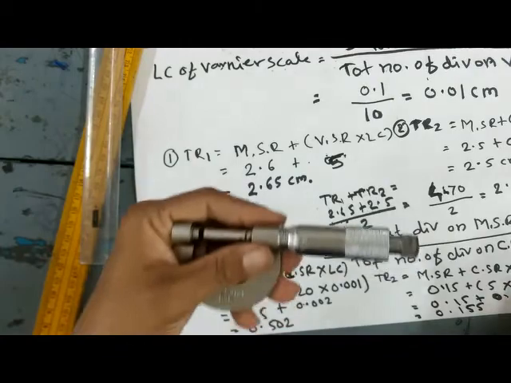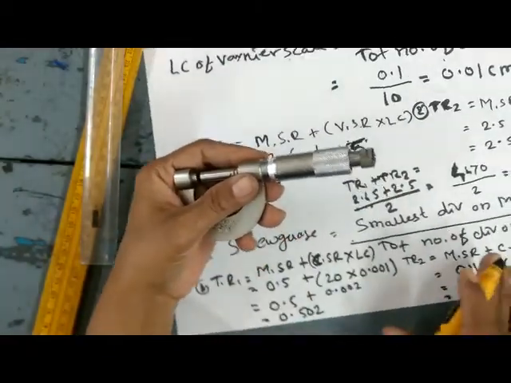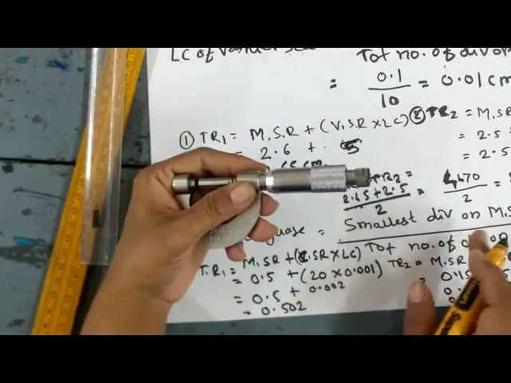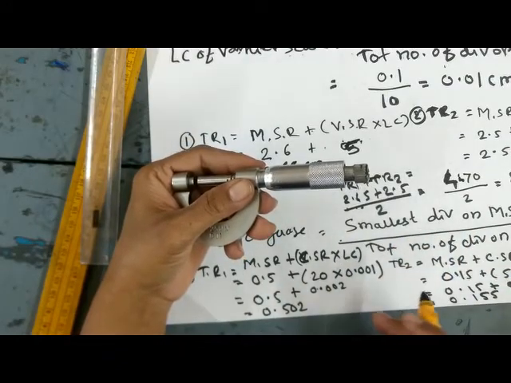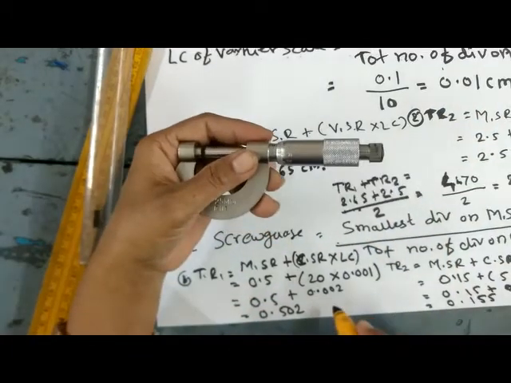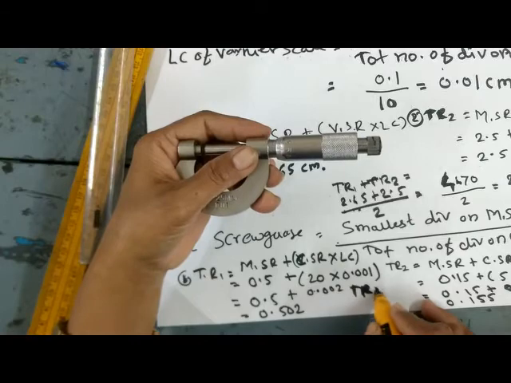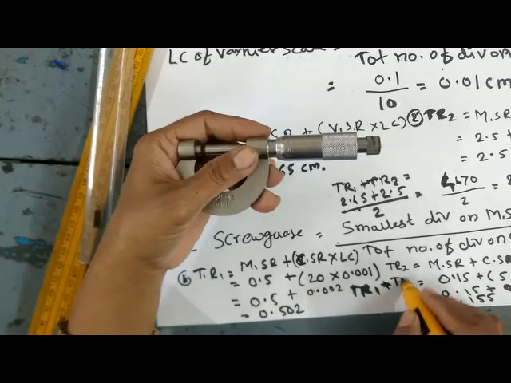So these two readings we add, and we get the mean of the readings. So TR1 plus TR2.